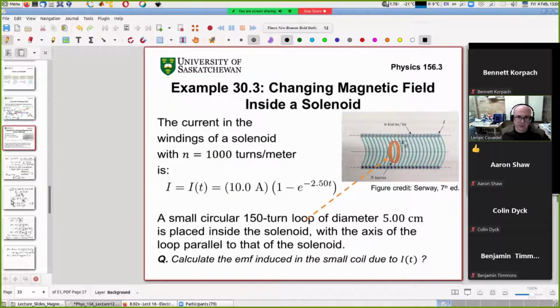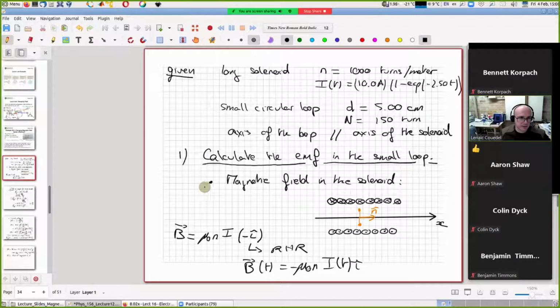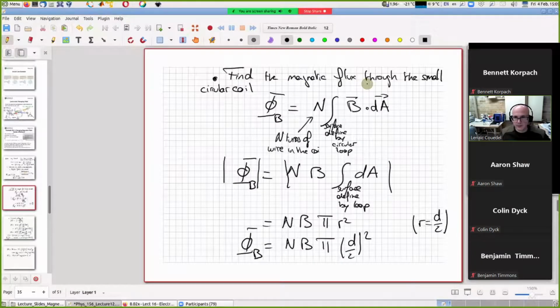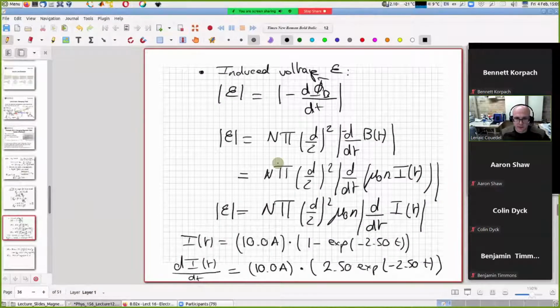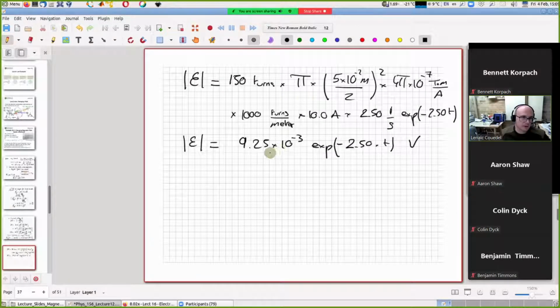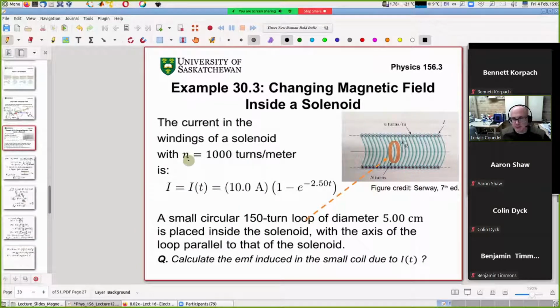So the 3 steps: first, calculate the magnetic field in the solenoid, then calculate the magnetic flux through the second coil, and finally calculate the derivative of the magnetic flux to find the induced voltage in the loop of conductor. Okay, so this is a classic problem. There is a very high chance that you'll get this type of problem either in an assignment or in the module test.